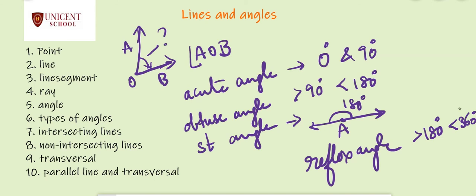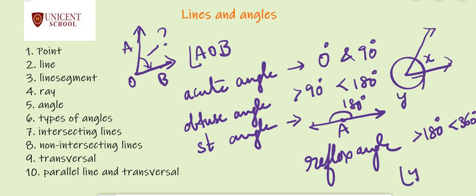So if I want to find or measure a reflex angle, let us take an example. Let us name this as X and this as Y. So angle Y is equal to 360 degrees minus angle X, which will be a reflex angle.